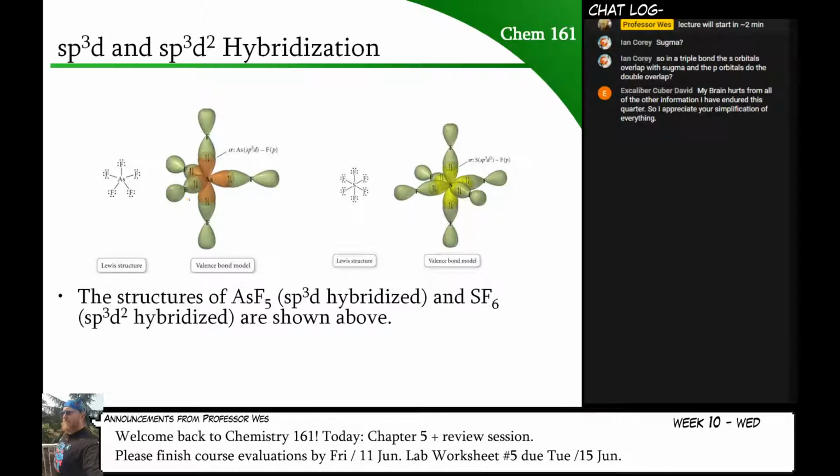So these orbitals right here would be sp³d, and then these right here would be sp³d². And really all the model is doing is saying, okay, what was the geometry around the central atom there? I'm going to make a balloon that points in every direction. So you might hear these referred to as balloon diagrams.